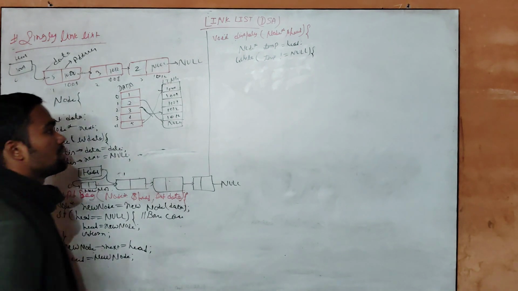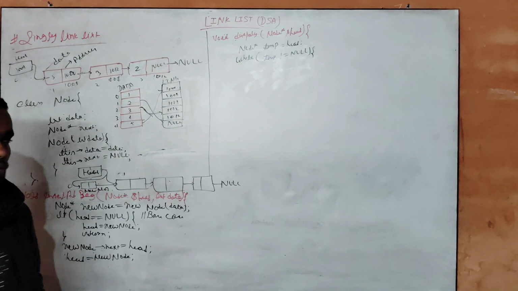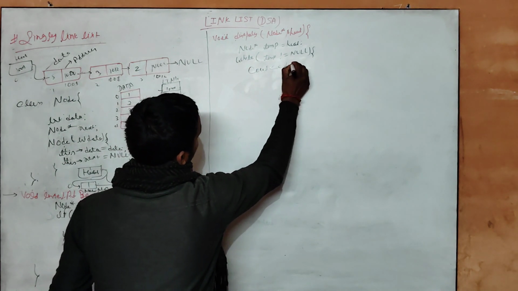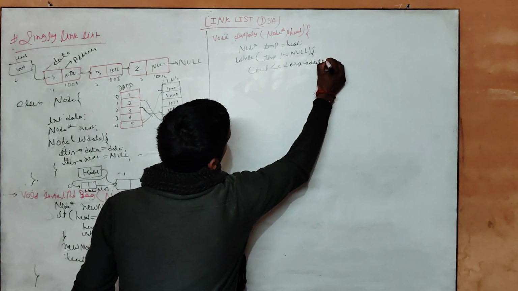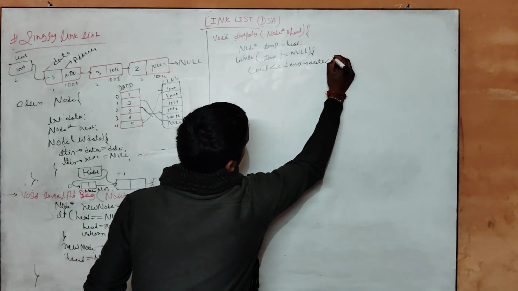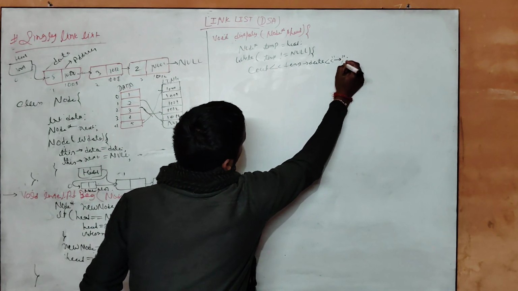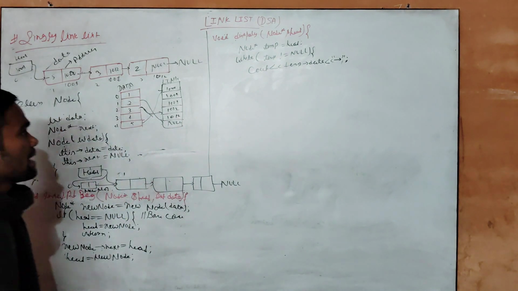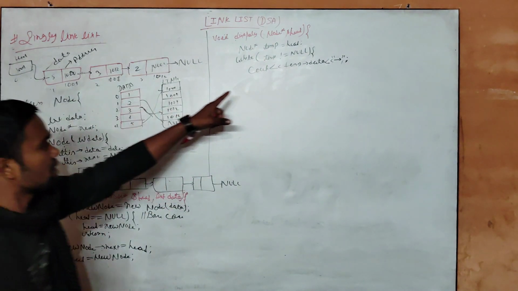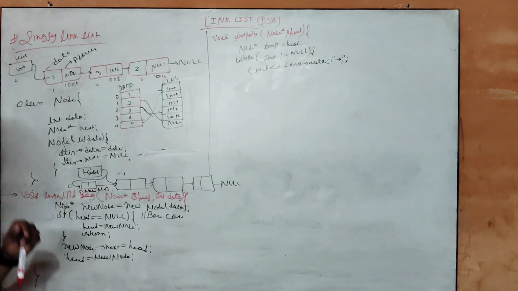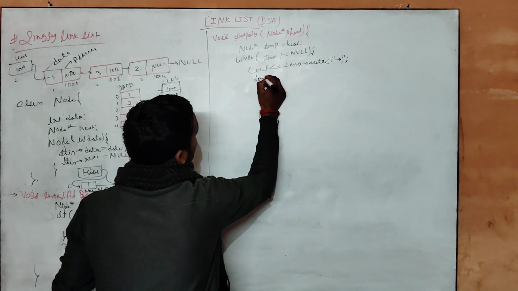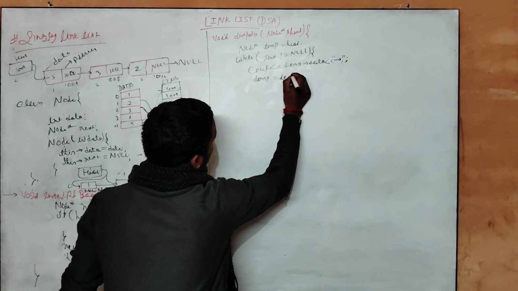If the condition is false, then it will automatically exit the loop. Here I am writing cout temp's data. That means I am printing the data. Then temp is equal to temp's next, because I am going to each node at least one time.